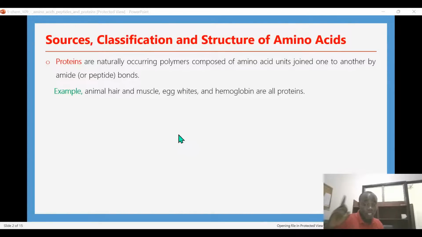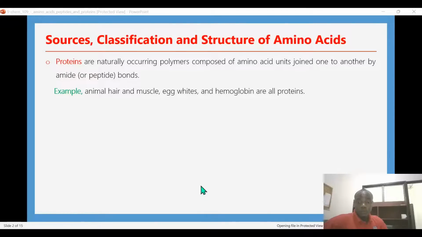But in the qualitative test, it's just for you to detect the presence or absence of the biomarker. So even in terms of biomarkers, most of the biomarkers that we use in disease diagnosis are proteins. So that is why understanding the concept of protein is very, very important.